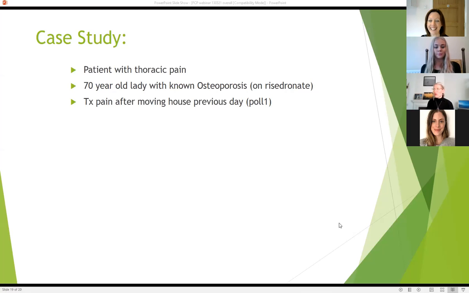Thank you. So remember, you've got an elderly lady, 70 years old, known osteoporosis with thoracic pain after moving house the day before. What are you concerned about? What are your thoughts? So does she have muscle pain from moving house? Has she got a shoulder injury from lifting the boxes? Do you think she's got a fractured rib? Do you think she's got a vertebral fracture?